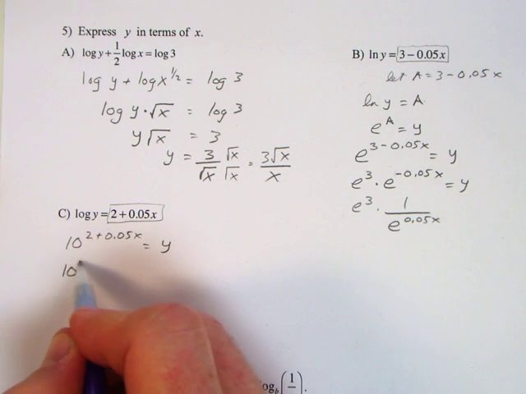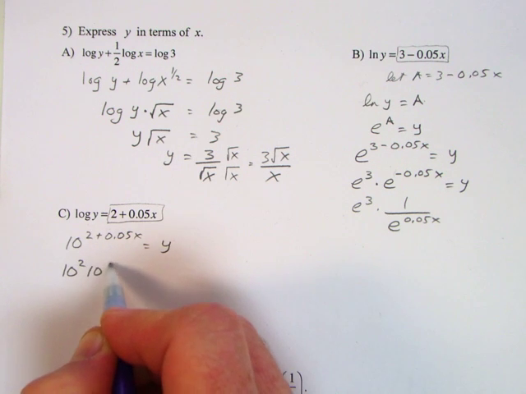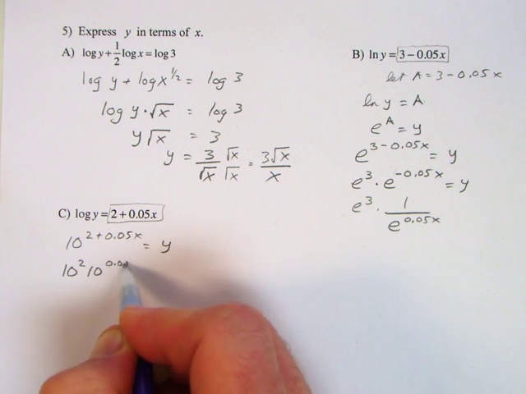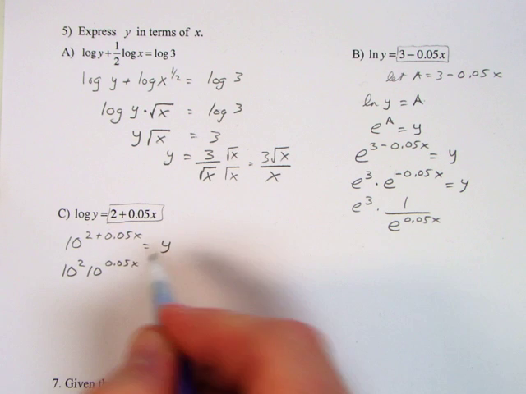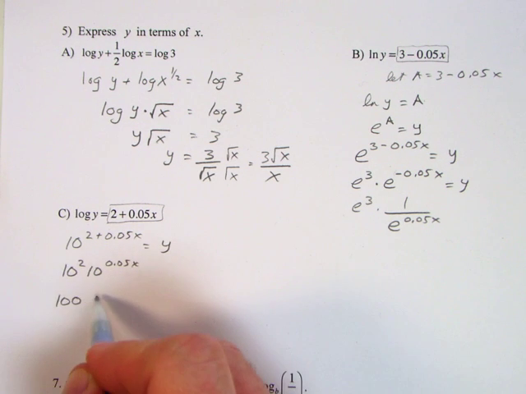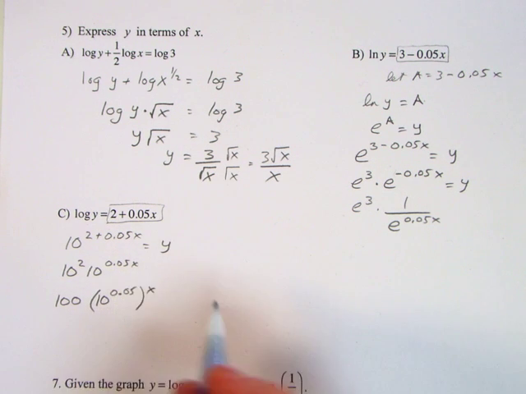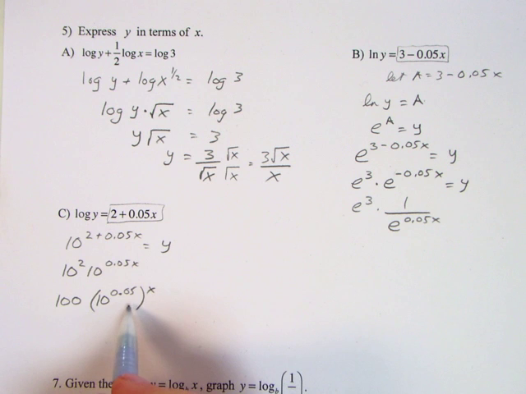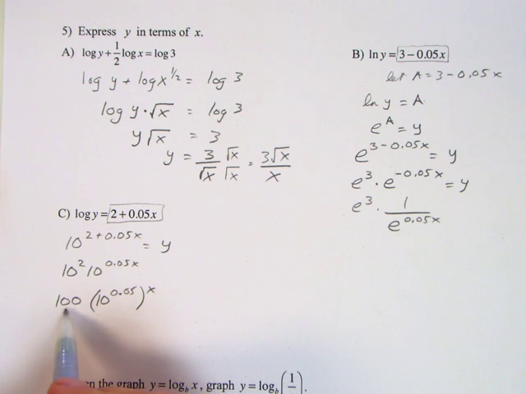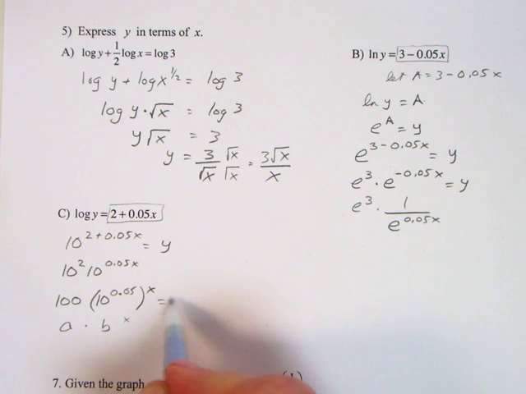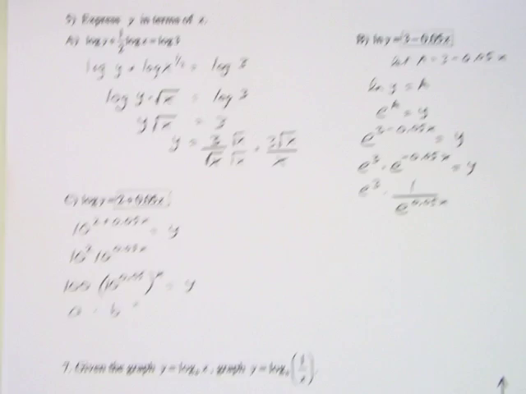Or in other words, 10 squared times 10 to the 0.05x. Or in other words, 100 times 10 to the 0.05x. Now we could find an approximation for this, and I just want to point this out, that I could write it like this. And what is this basically saying? A times b to the x. This is an exponential equation.